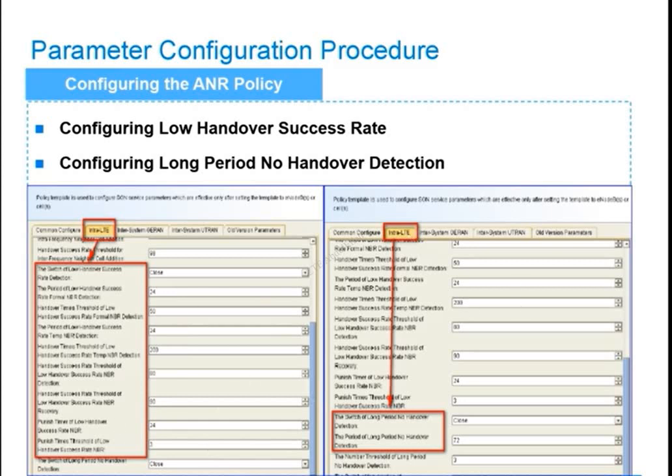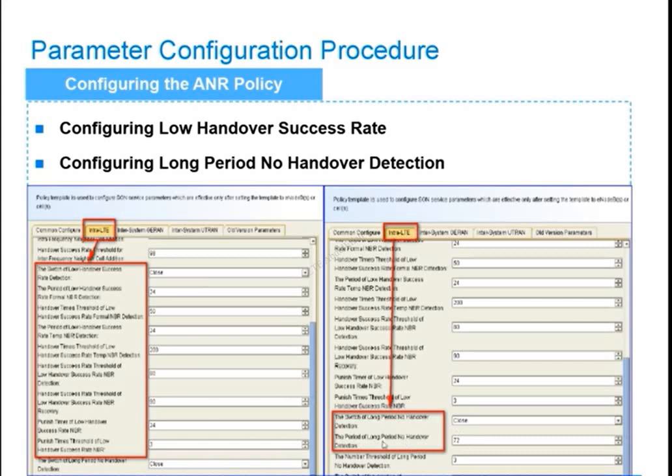And the long period no handover detection is also controlled by a switch and a parameter. If the switch of long period no handover detection is closed, it will not perform this detection. If we open it, it will detect.